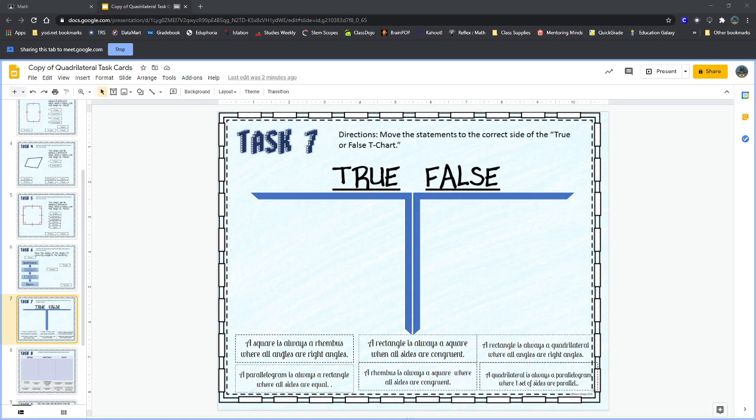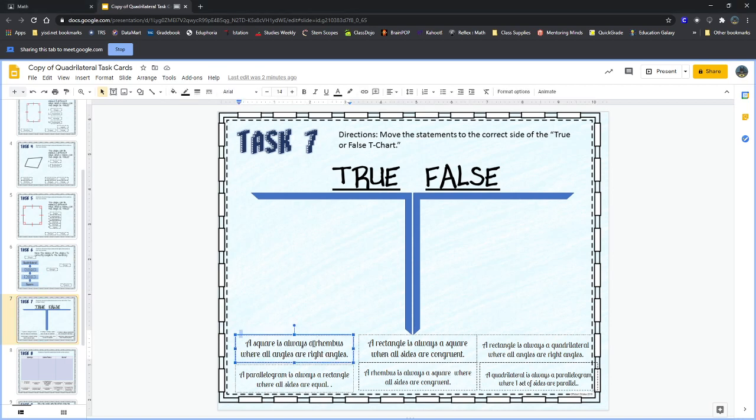The first statement: a square is always a rhombus where all angles are right angles. A square is always a rhombus where all angles are right angles. Okay, so looking at that statement, do we think that it's a true statement or a false statement?